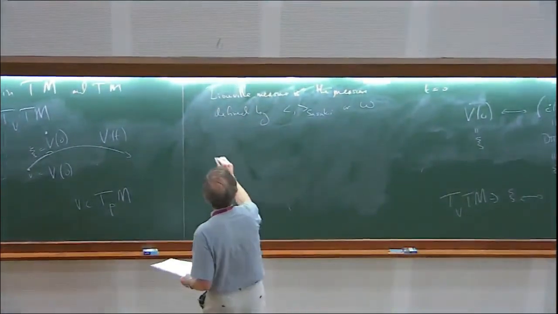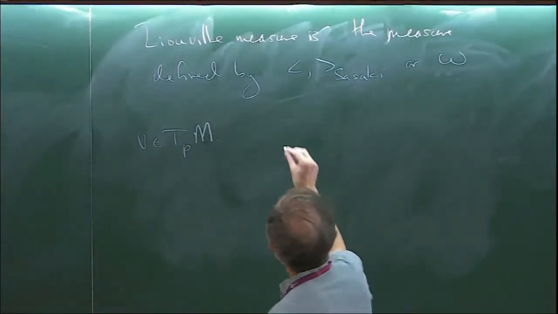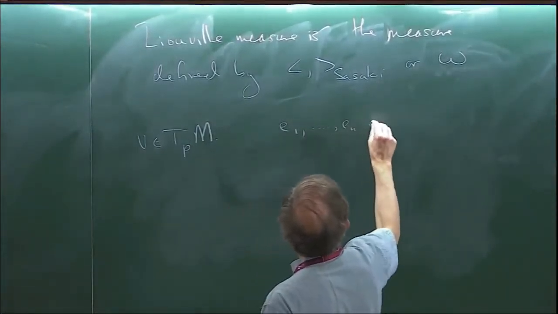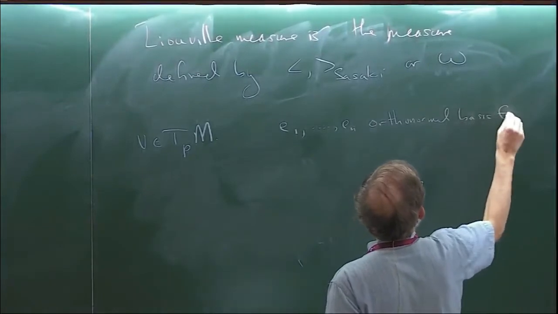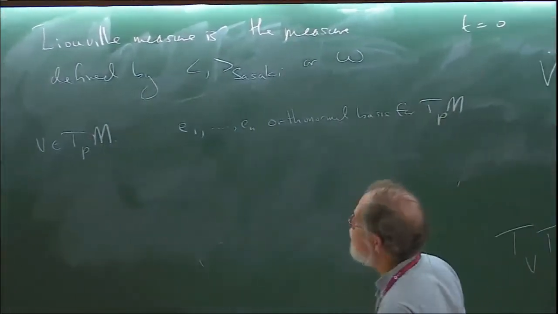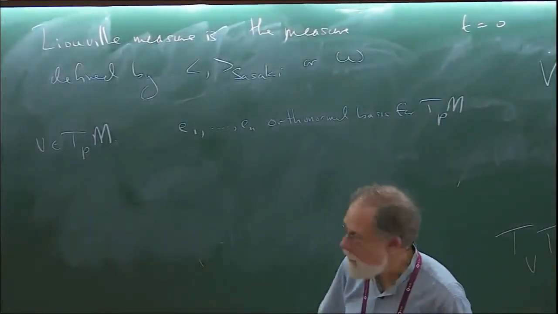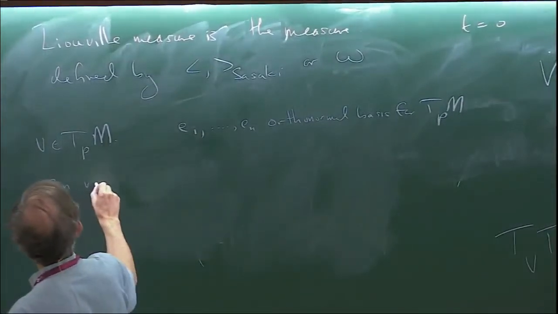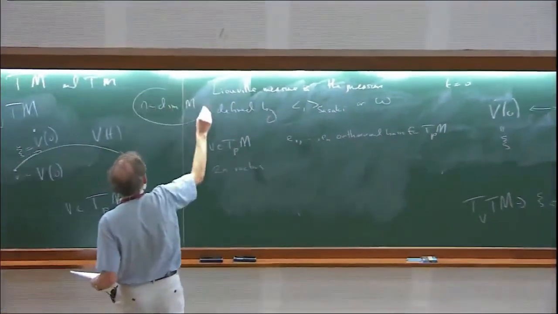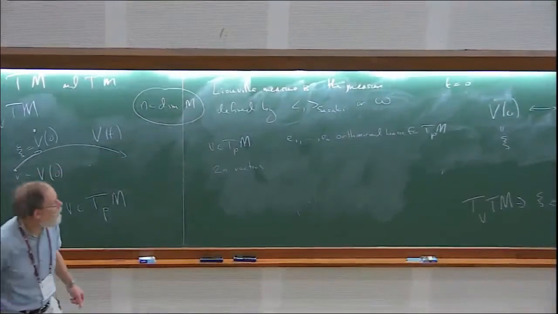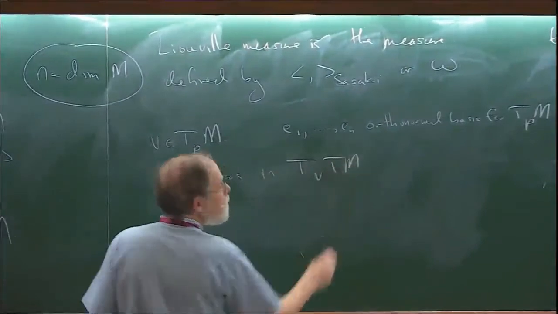And so what I do is, let's think of a vector. So this is some place in the tangent bundle. And I want to have an orthonormal basis for the tangent space that V lives in. And now I am going to write down some vectors. I'm going to write down 2n vectors. By the way, n, as you've probably guessed, is the dimension of my manifold. So I'm going to write down 2n vectors in TV, TM.